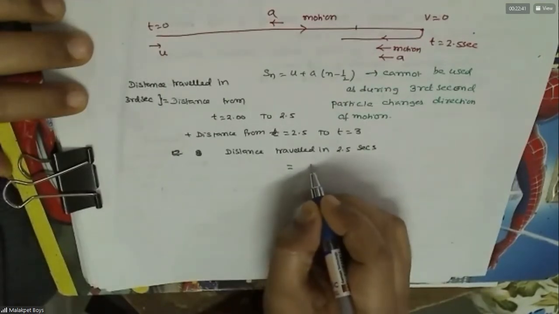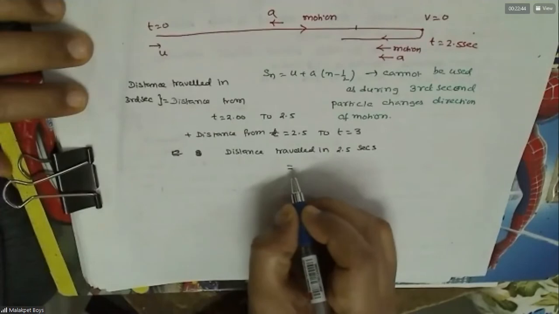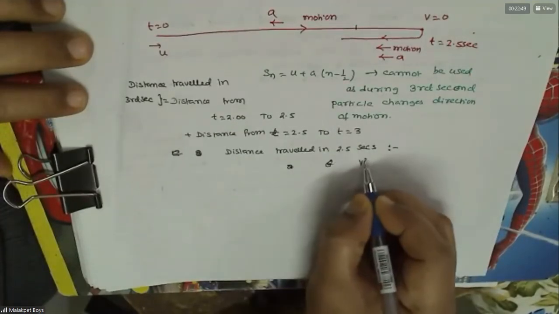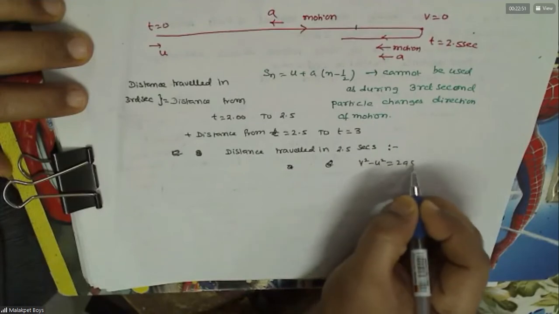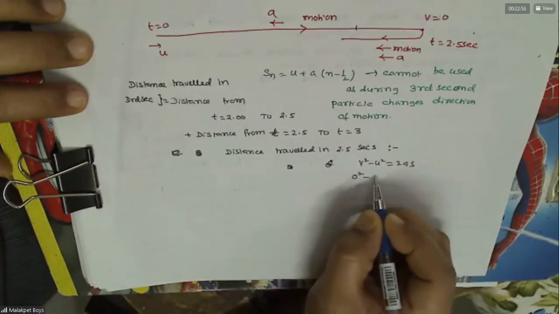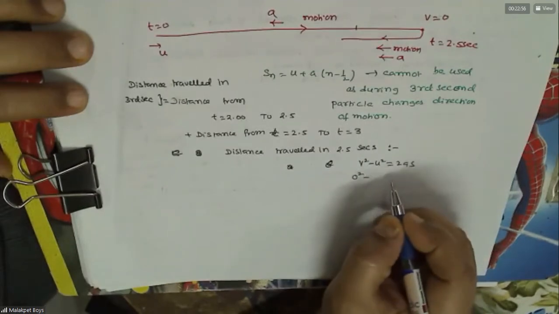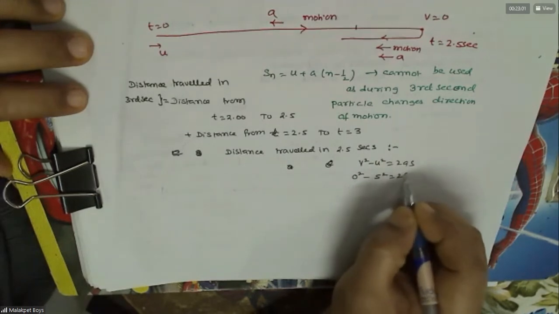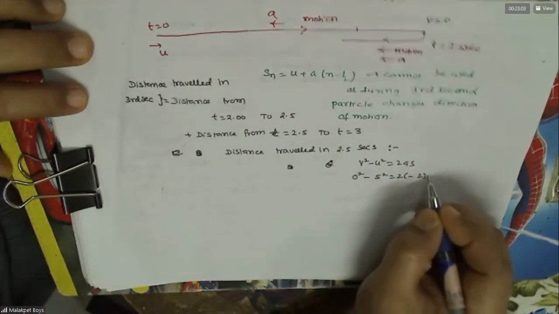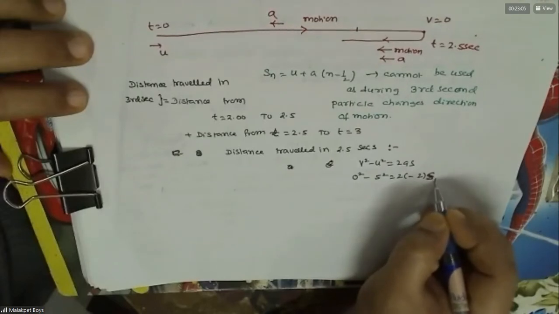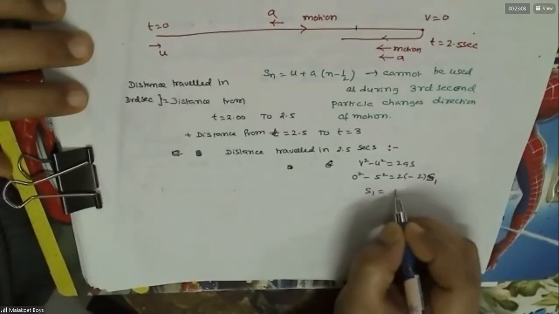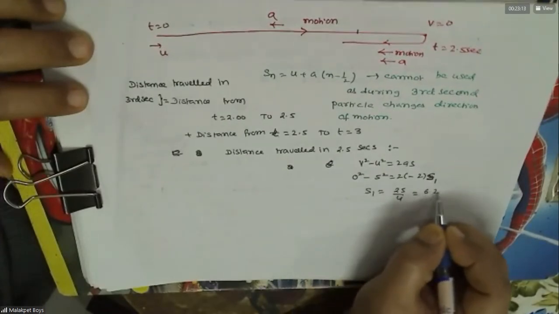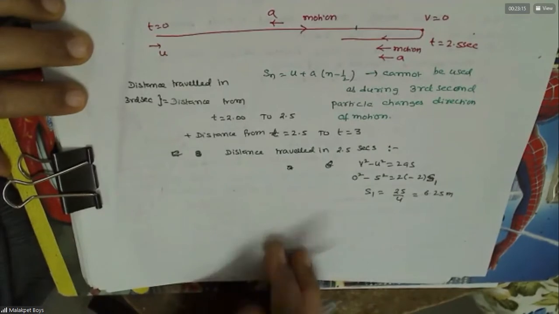You will use v square minus u square equals 2as, no? 0 square minus, what is the initial velocity of the particle given? 5. Am I right? Yes, sir. 2 into minus 2 into plus S1. I'll call it S1. So what is S1? 25 by 4. Do you agree with this? That is 6.25 meters. Agreed?